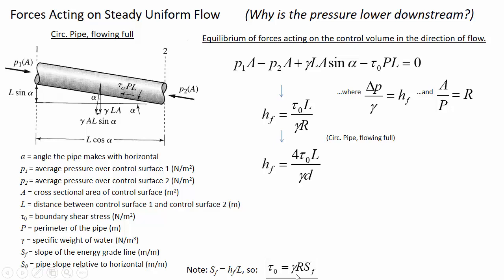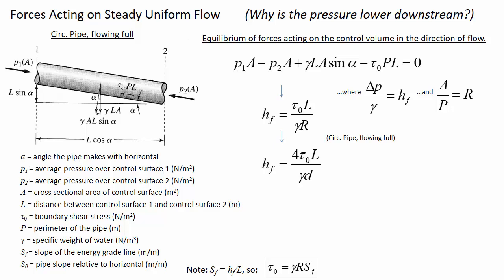By the way, this semester there are going to be a couple of different S's. There will be S naught, which is the slope of a channel. There's S sub F, which is the slope of the energy grade line.